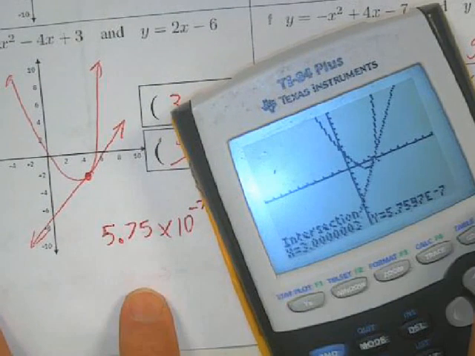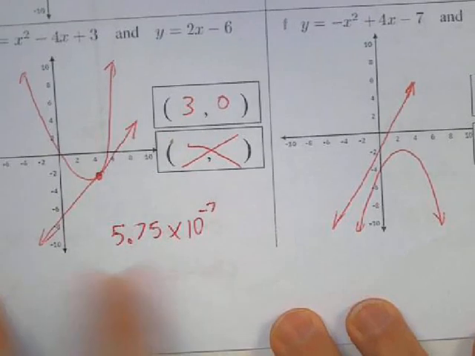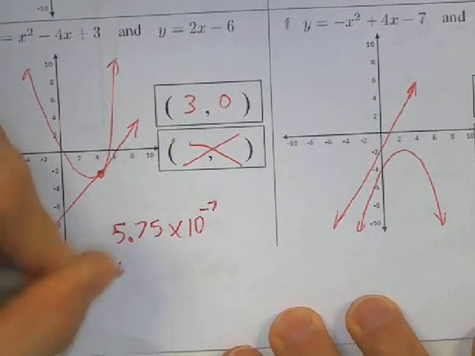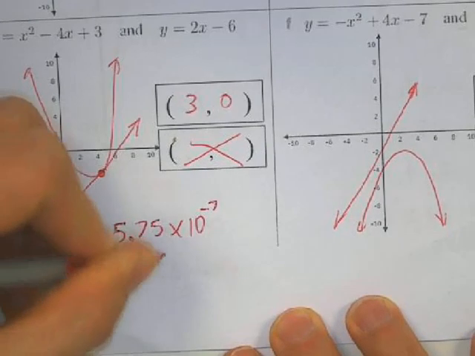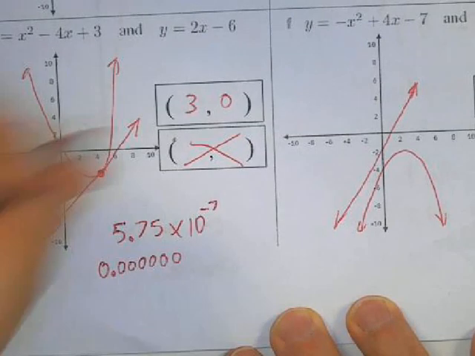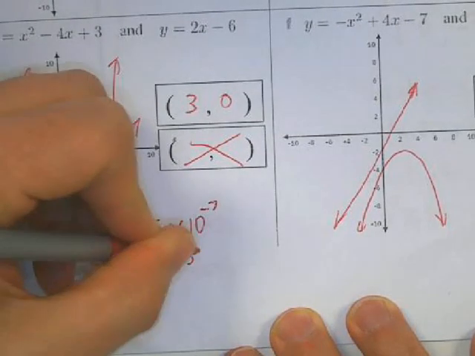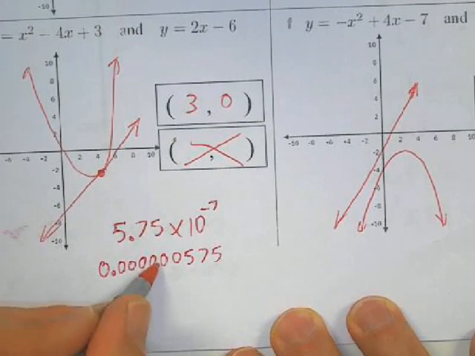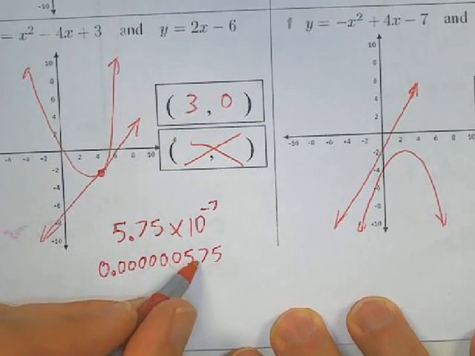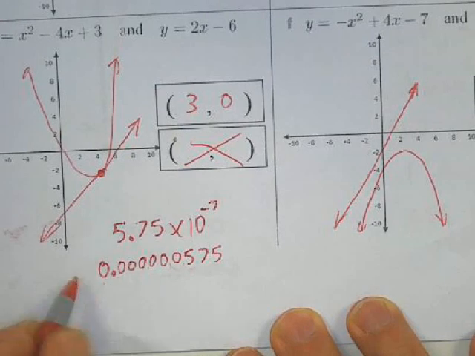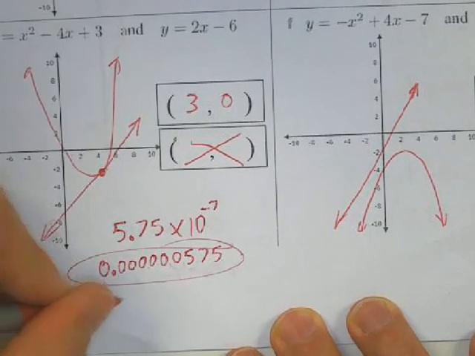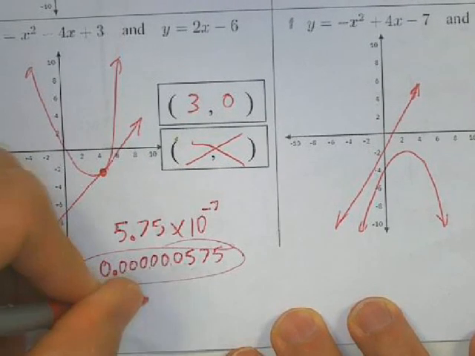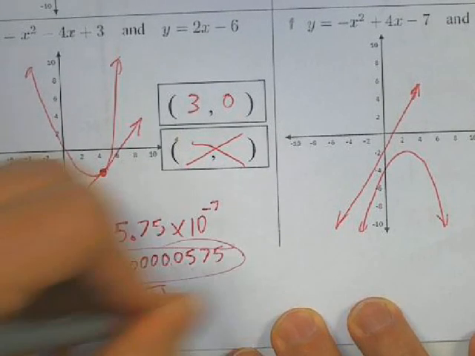If I was going to write this out, it would be 0.000000575. So 1, 2, 3, 4, 5, 6, 7. We've moved the decimal place over here. And this is approximately equal to 0. So that's what you put there.